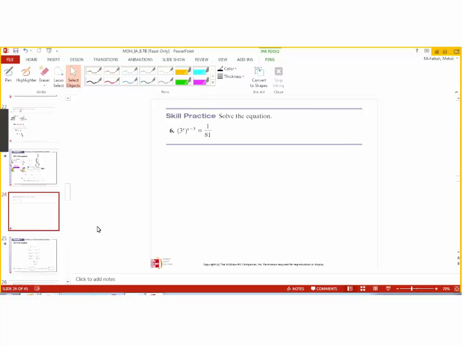Okay, let me put a clear check mark. Anybody who has a good mic and knows how to do this, go ahead. Margarita, you want to tell me? What would be your first step?